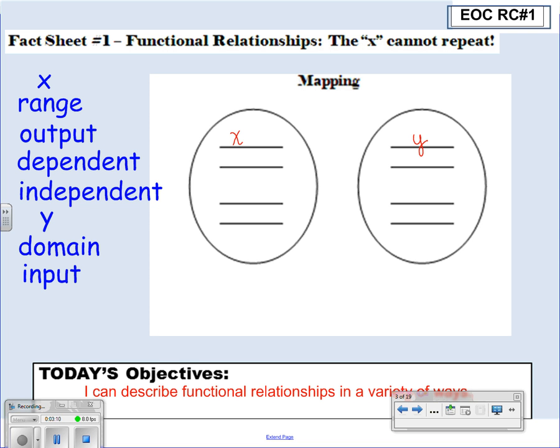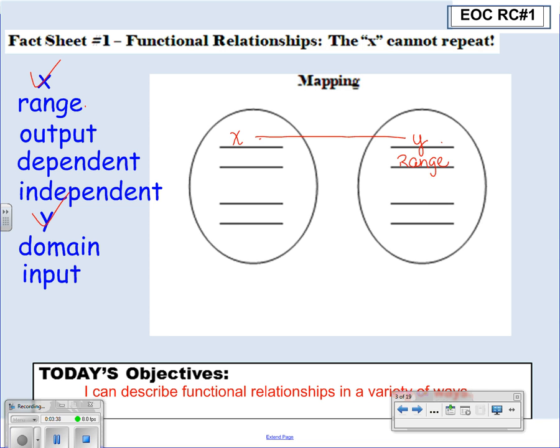And then when we do a map, we have to show where it starts and where it ends. Otherwise, the map doesn't work. So the x goes with the y. So range is our next word. Does the range go with the x or the y? It goes with the y.